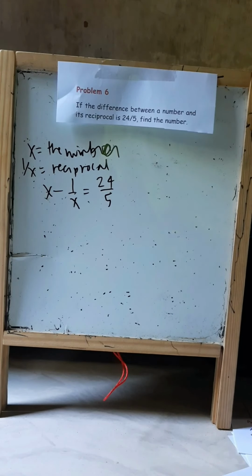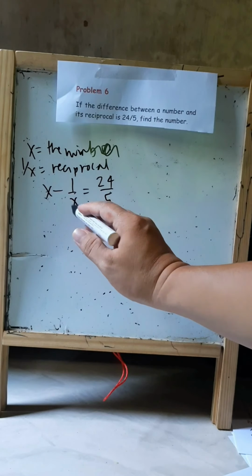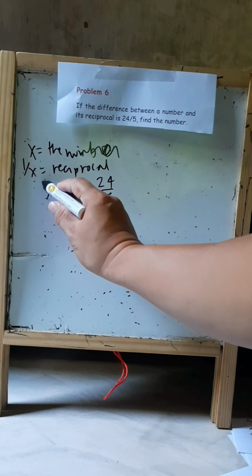Then multiply the equation by x. Actually, it should be 5x, so we can now multiply the equation by 5x.